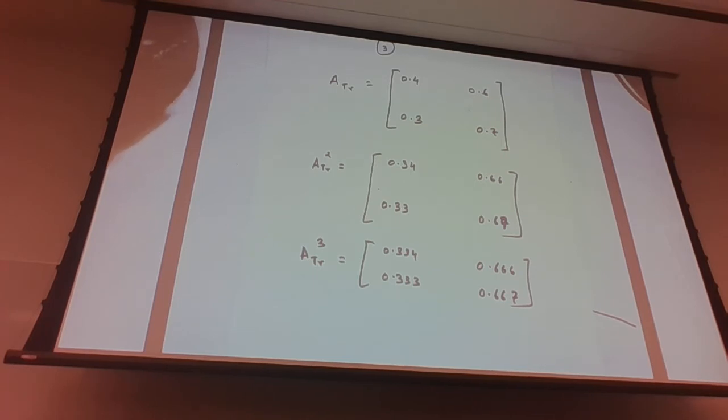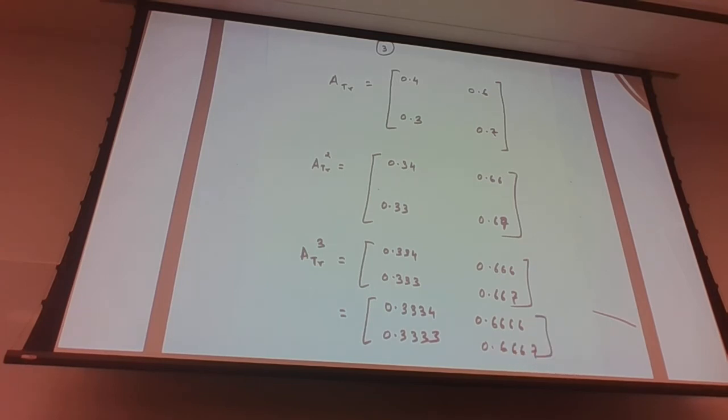So do 4, 5, 6, 7. Do 4. Zero point 3334. One more 3.